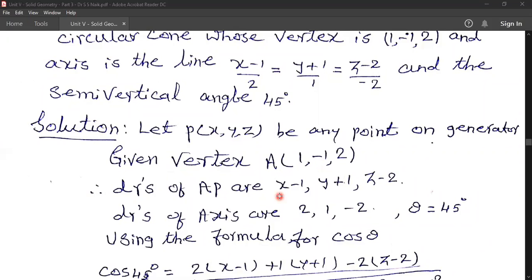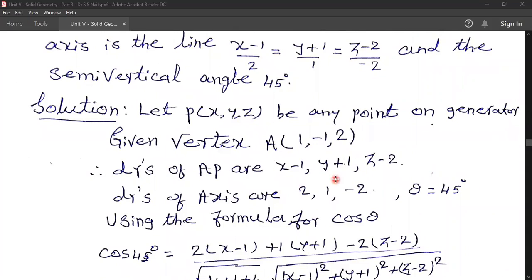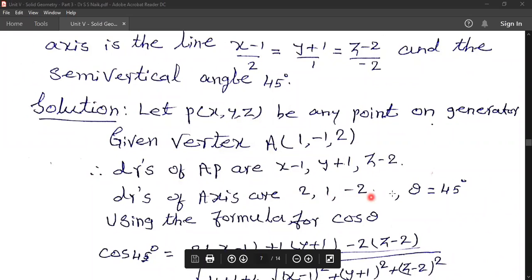The DRs of AP are x - 1, y + 1, z - 2. The DRs of the axis are 2, 1, -2 and theta is equal to 45 degrees.